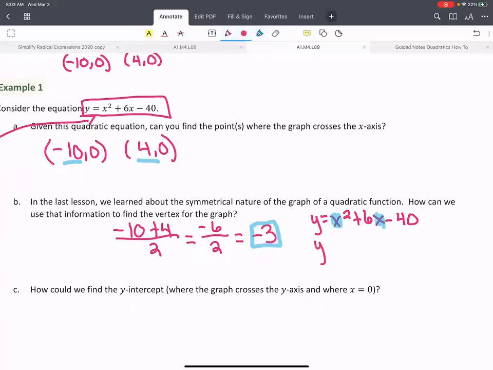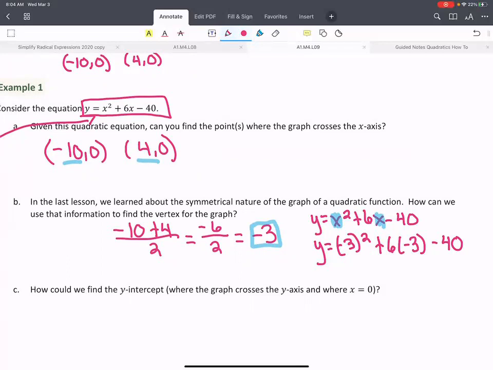Let's try that. Y would be -3 squared plus 6 times -3 minus 40. I put the parentheses around the -3. That way I know it's -3 squared, not 3 squared, and then take the negative. Can y'all do that on your calculator? Be careful of that -3.